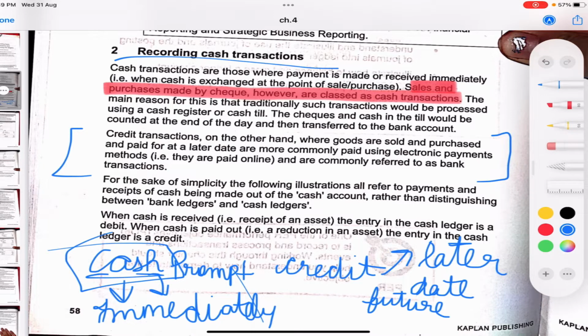Read this whole paragraph once again, it will be clearer for you. So whenever a credit transaction takes place, that is referred to as a bank payment only. That is a common assumption which we have to keep in mind.